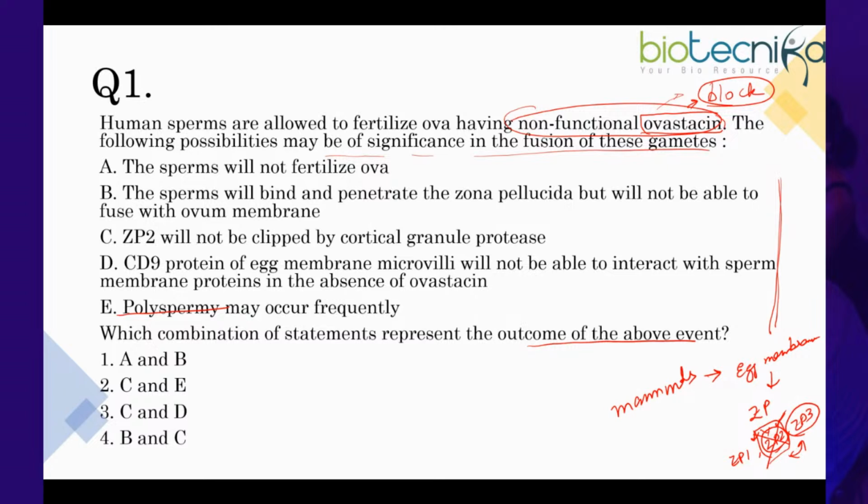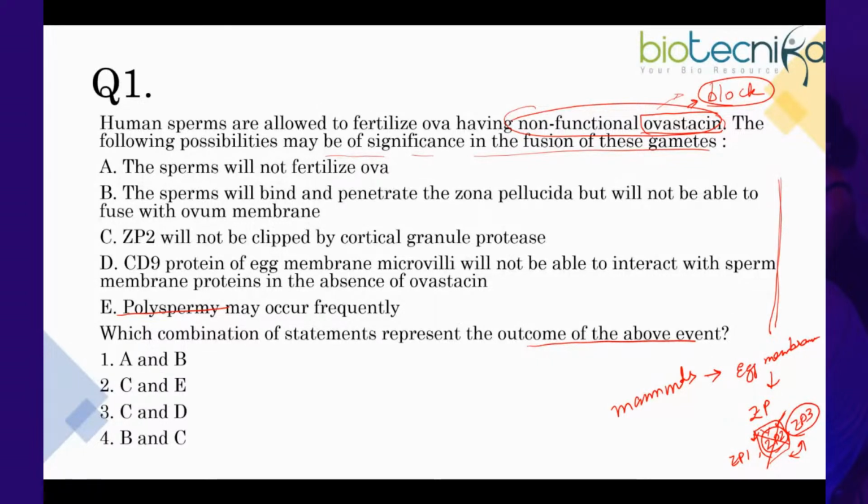Now, we know that after fertilization there is cortical granule exocytosis, where the cortical vesicles in the cortex undergo exocytosis. Their contents are released outside the cell, in between the zona pellucida and the plasma membrane.